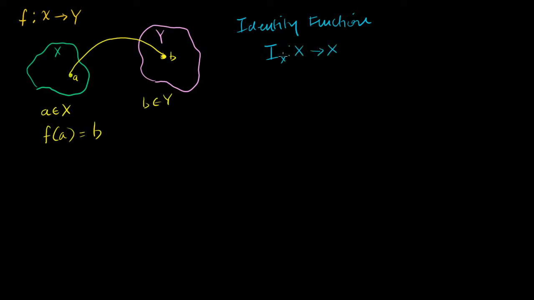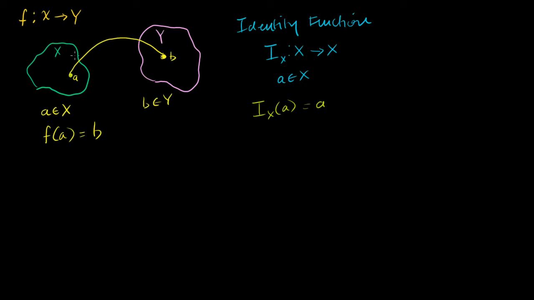What's interesting about the identity function is that if you give it some a that is a member of x, the identity function of a is going to be equal to a.